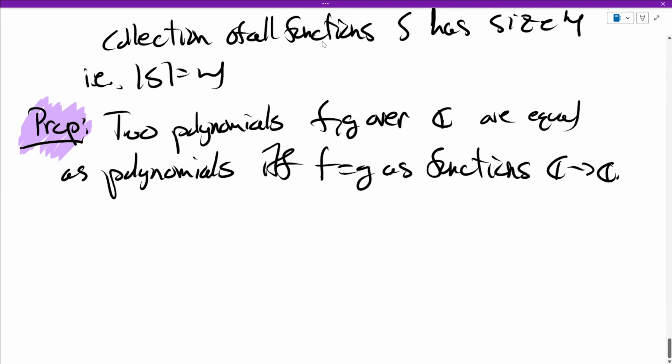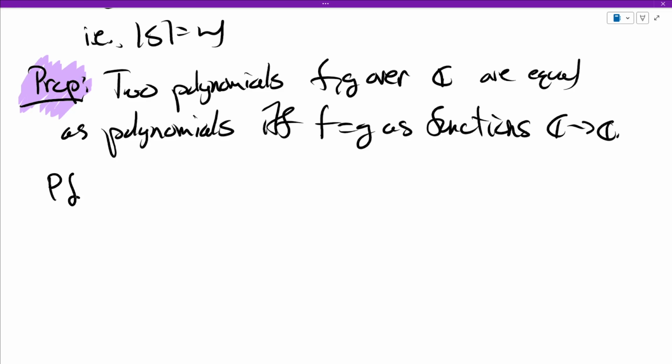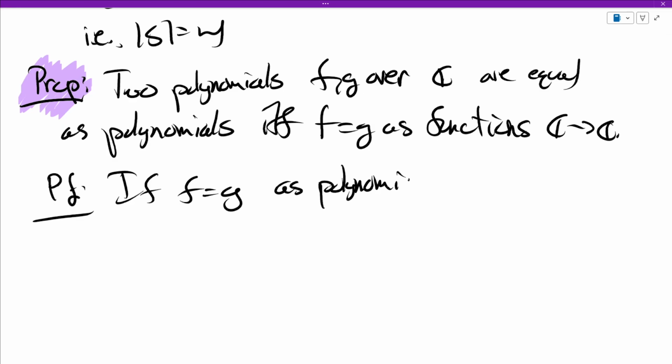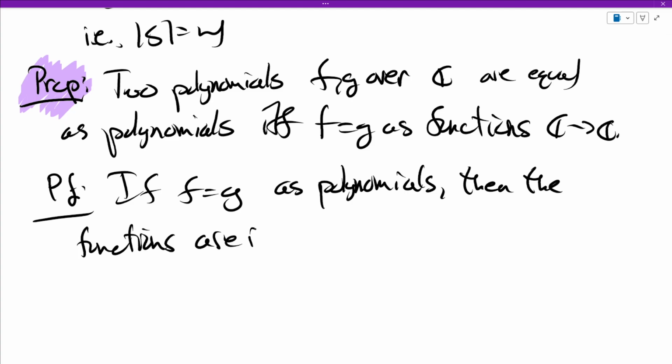All right, proof. Well, if f equals g as polynomials, so formal symbols, then the functions are just the same thing, are identical. The reason being is f and g are just the same expression.